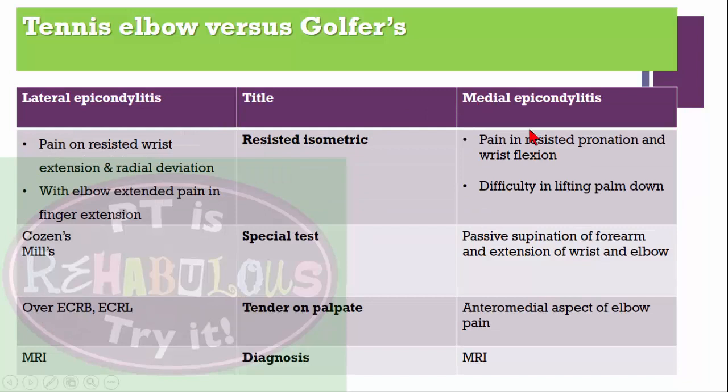In medial epicondylitis, with resisted isometric testing, there is pain in pronation and wrist flexion, and difficulty in lifting with the palm down. Special test: passive supination of the forearm and extension of wrist and elbow cause a positive test. On palpation, the anteromedial aspect of the elbow is tender, and MRI can confirm the diagnosis of medial epicondylitis.